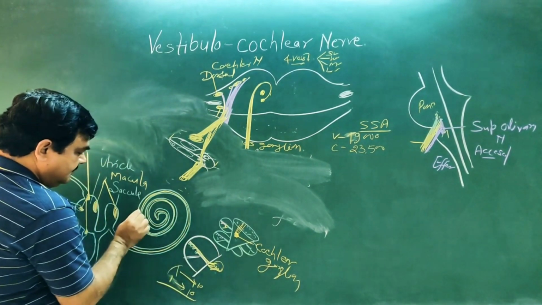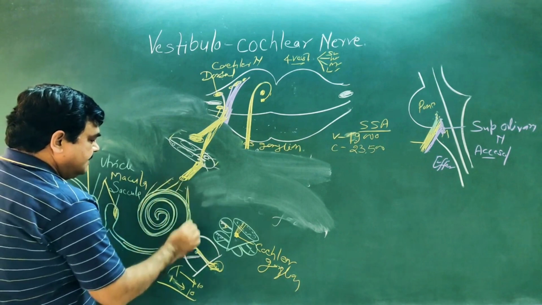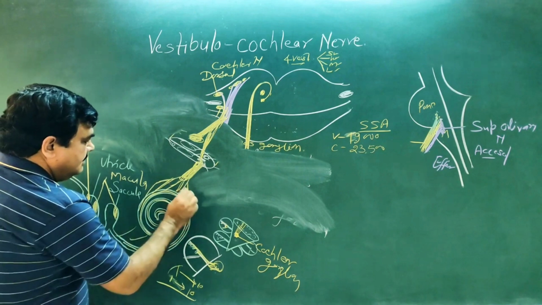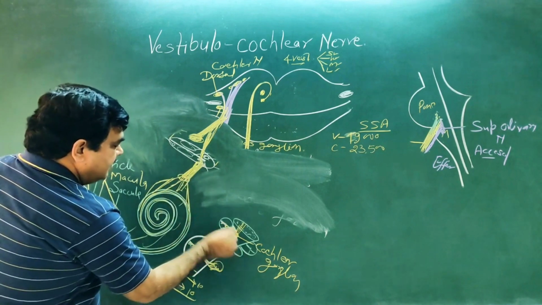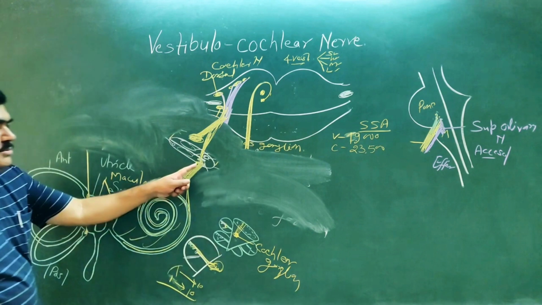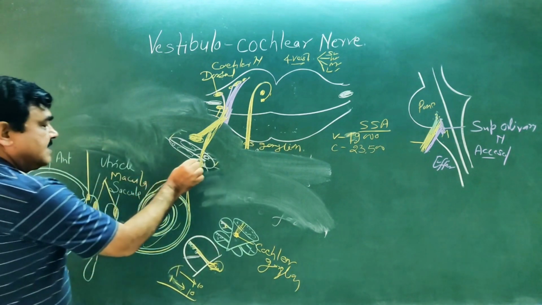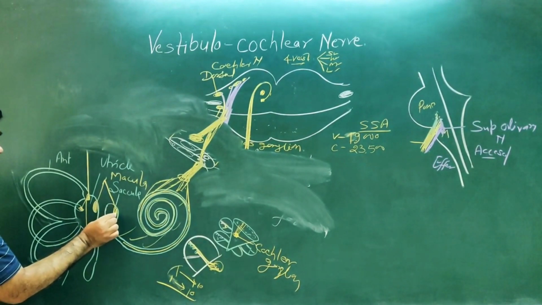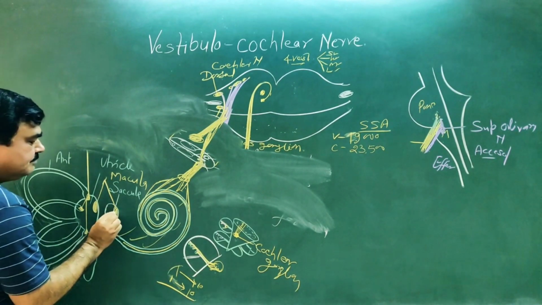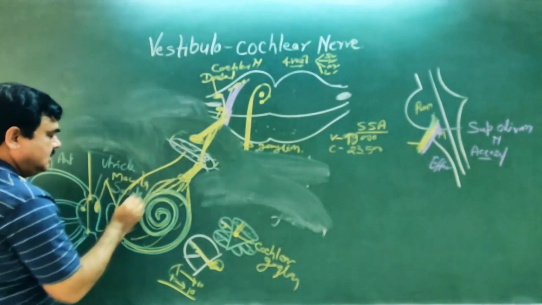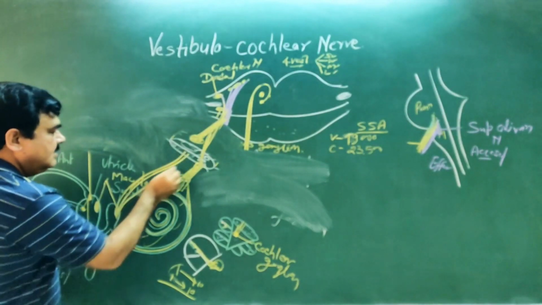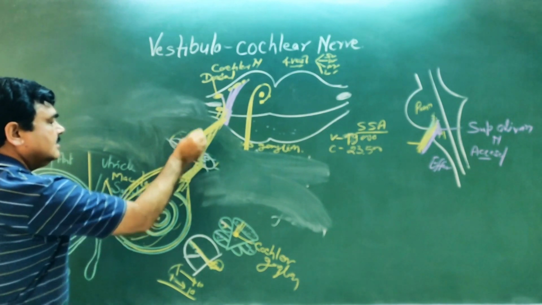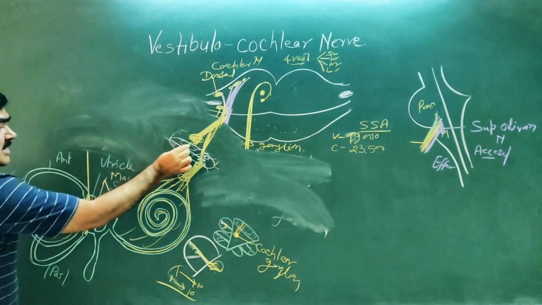From here, this nerve goes like this to the ganglion. From here, the nerve goes to the internal acoustic meatus through this opening, and here you can see the macula. The fibers go through the inferior vestibular area, and this is the superior vestibular area.